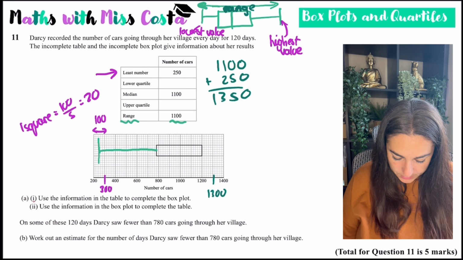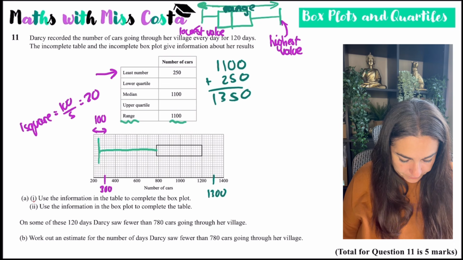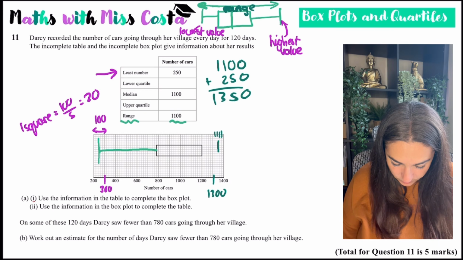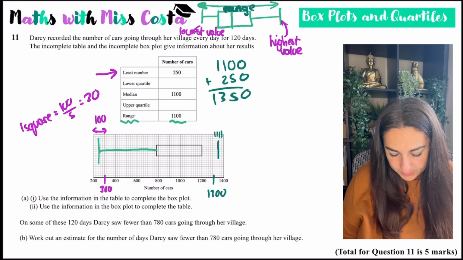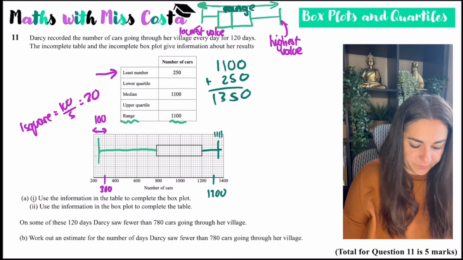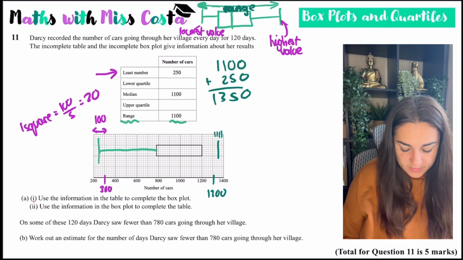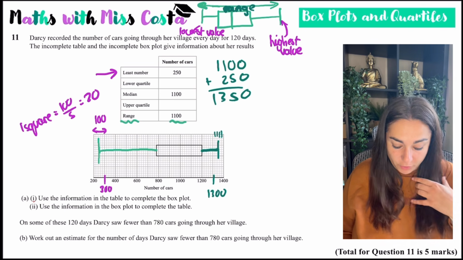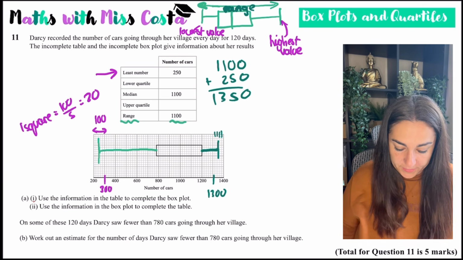So it's going up in 20s. 1,320, 40, 60, 80. So 50 would be between 40 and 60. So I just draw it like that. Oops, that went too long. You don't want to slice through the highest value. Okay, so I've got my lowest value and my highest value.